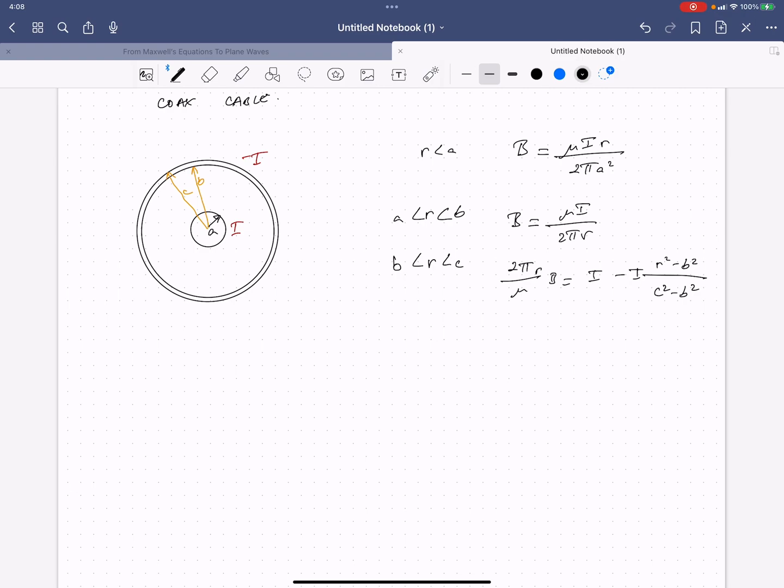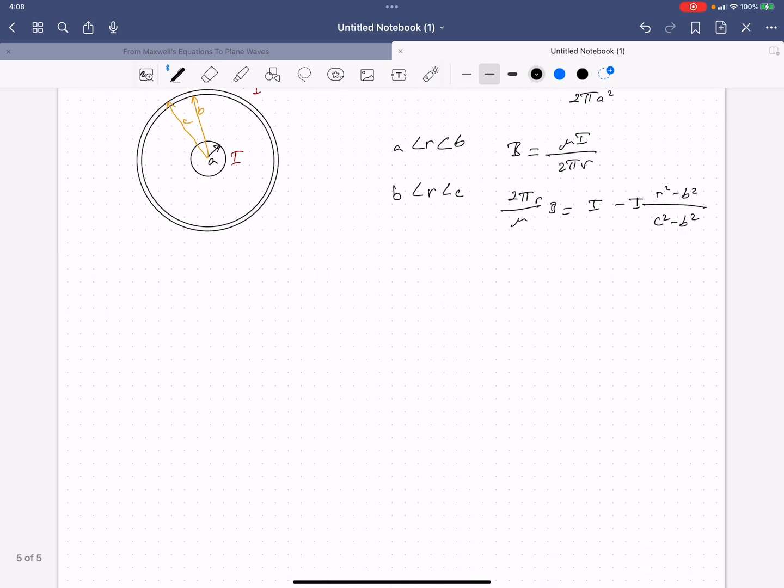So now let's think about the surface we need to define for the flux linkage. This is going to get a little bit complicated. So let me draw a coax cable.